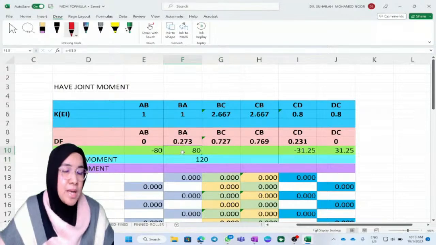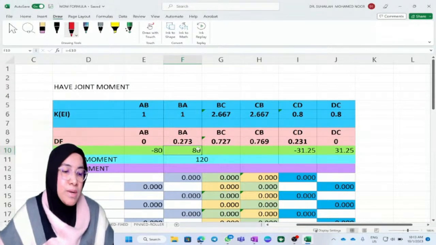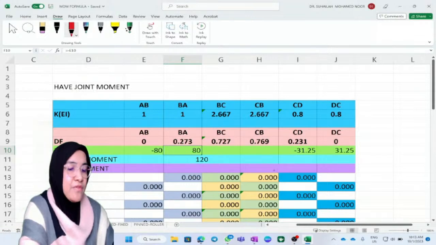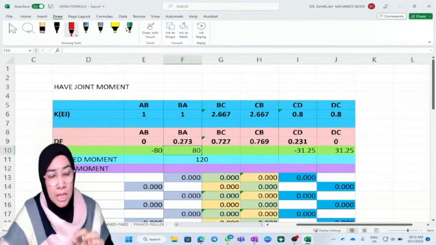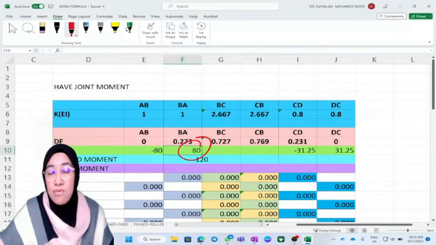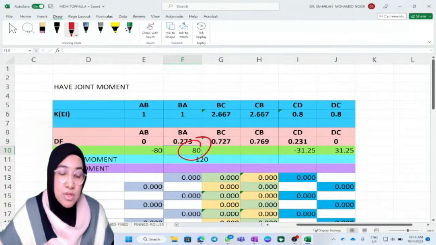Now we want to total the joint moment. We have applied moment 120 here, and we have FEM at B, which is 80. Remember, this 80 we have to change sign because it is opposite to the joint moment.